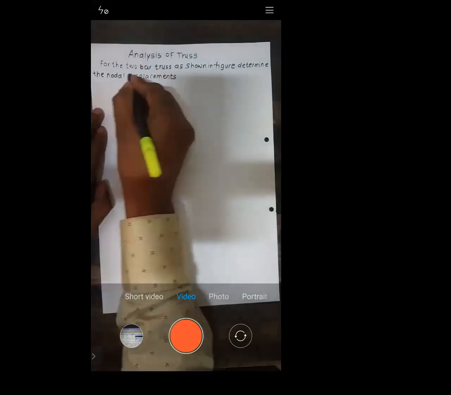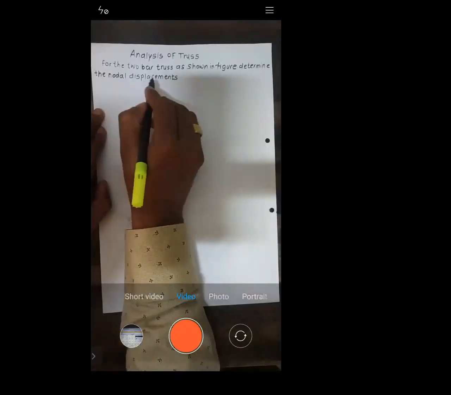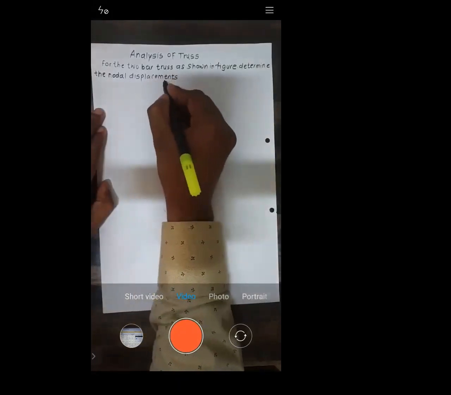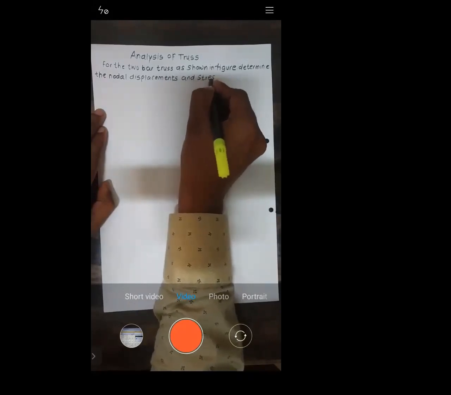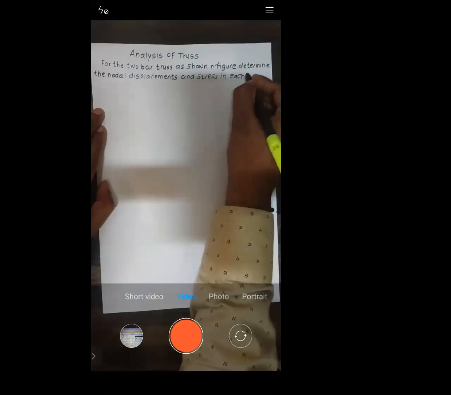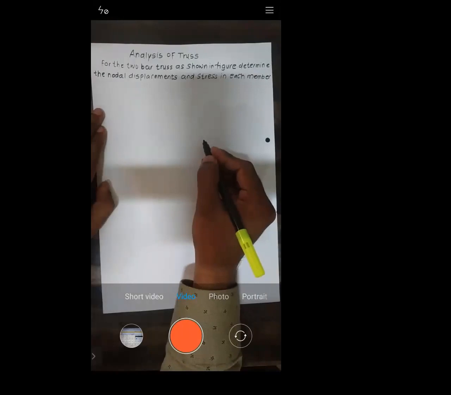Try to understand. For the two bar truss as shown in figure, we need to determine the displacement at the nodes and stress in each member.